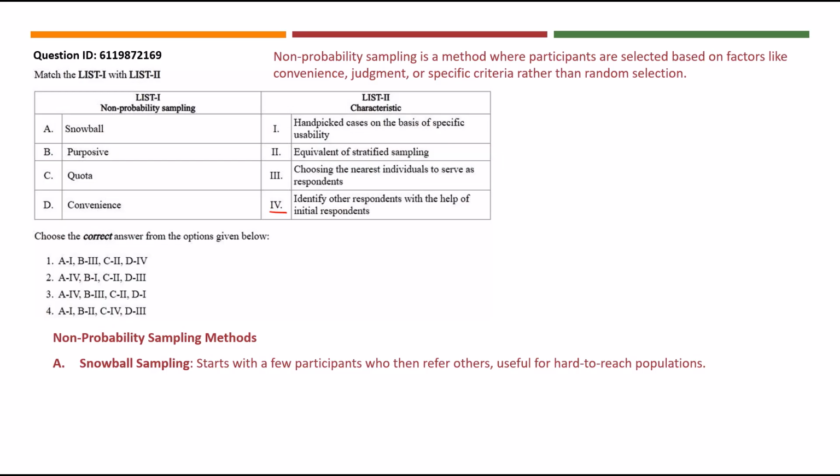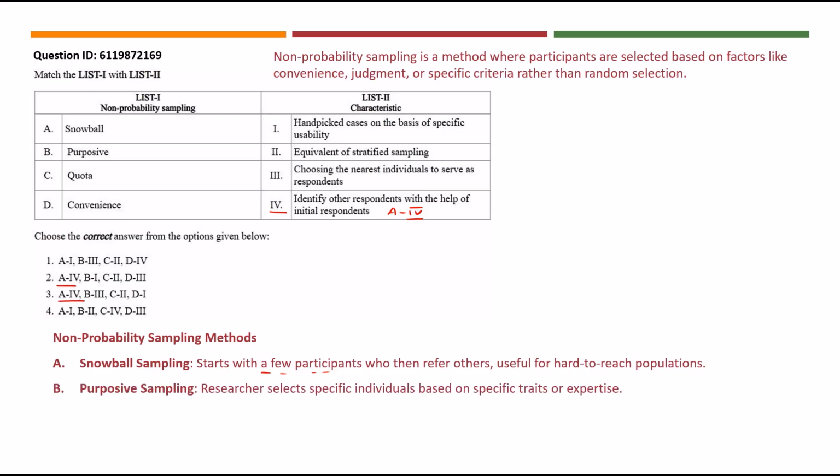We are starting with some people and those people will refer others later. This is useful when the case is hard to reach people, at that time you can use this particular sampling method. So A will be mapping to 4. A4 is available in 2 of the options.